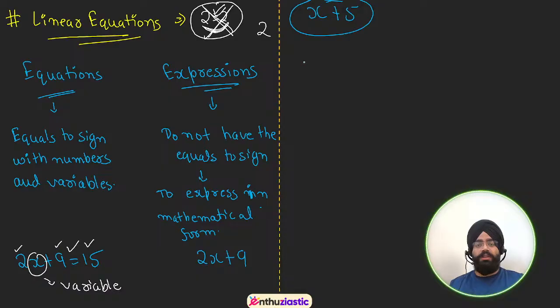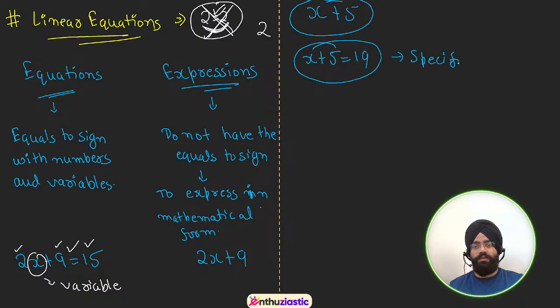Now, what if I change the statement: you have some apples, I gave you five more apples, and now you have 19 apples in total. So, how many apples do you have? In the equation, you will get a specific answer. But in the expression, there is no specific answer. You cannot find out the answer in that particular case.